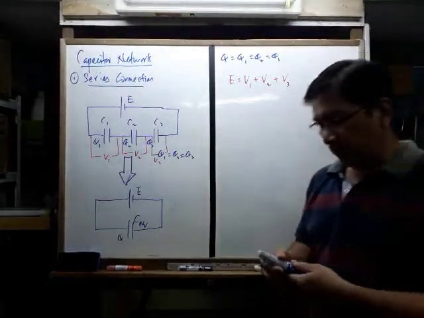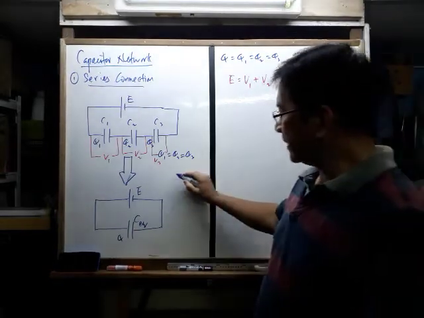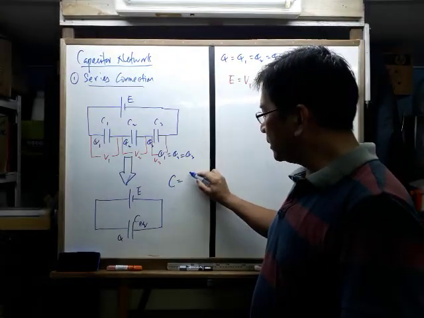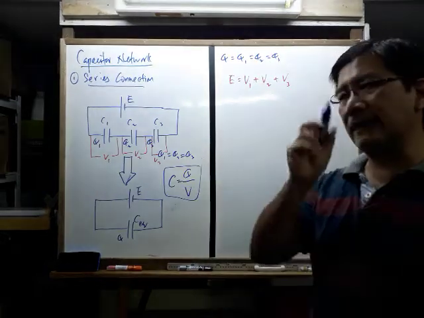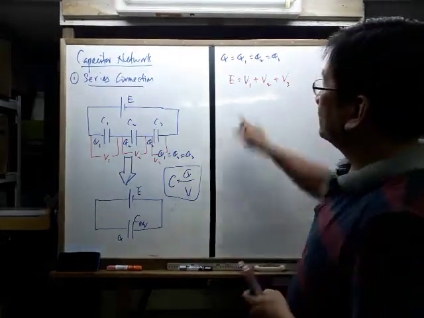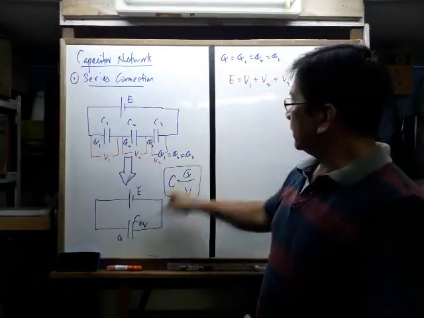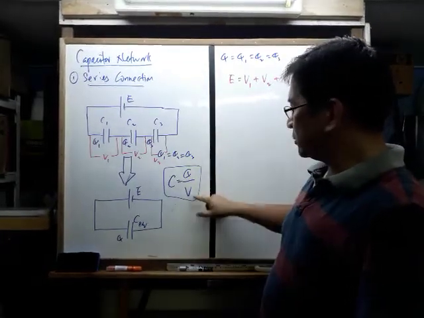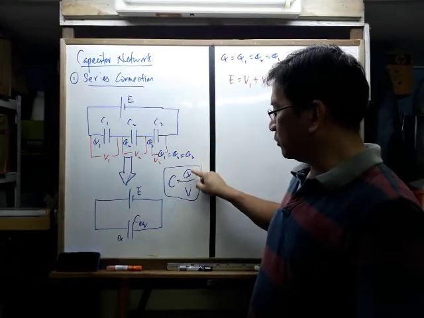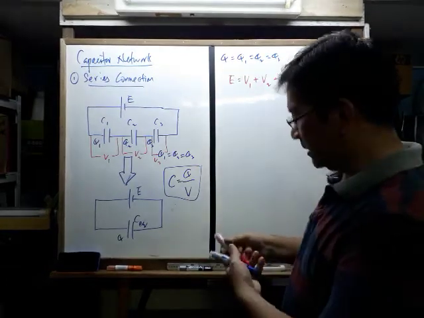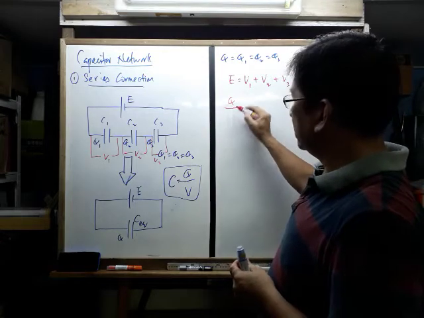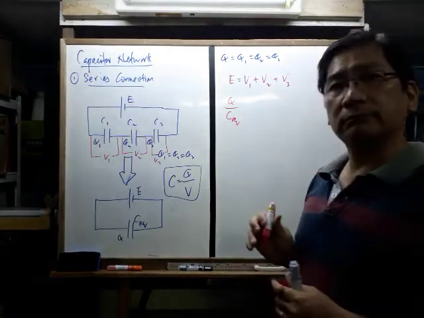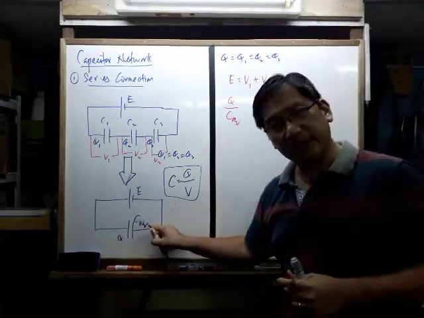We know from our definition of capacitance that capacitance is the charge over the voltage across a capacitor. So the voltage is equal to Q over C. Here, this one will be charge over C equivalent, the charge over the equivalent capacitance.